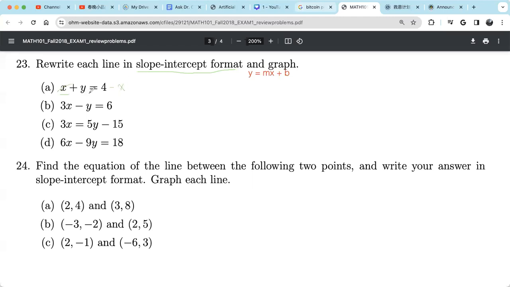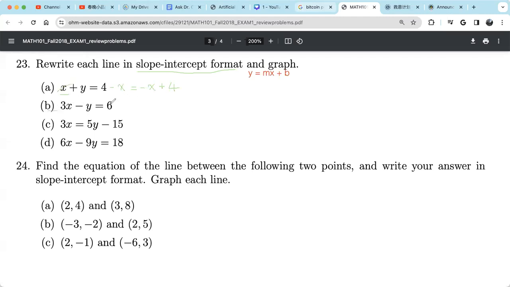So we get y equals 4 minus x. But we want to write the x in front, so y equals negative x plus 4. We can recognize the slope is negative 1. The y-intercept is (0, 4).